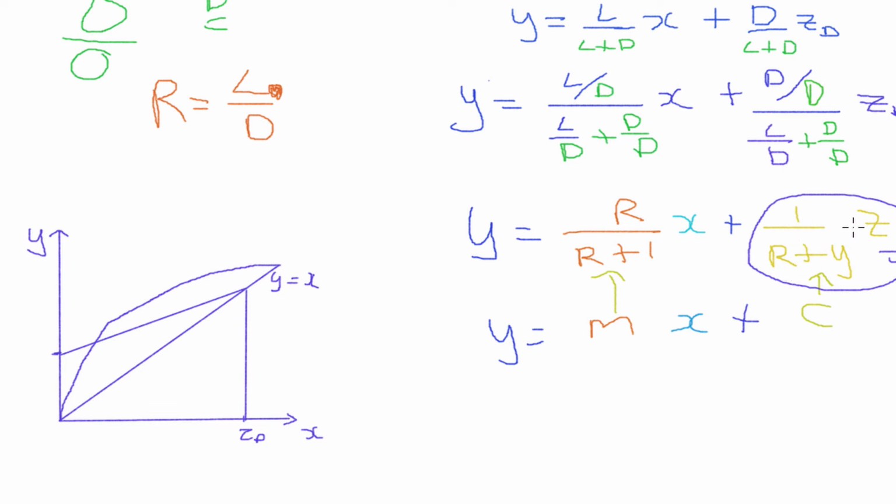Sorry, this should be 1, this isn't y. So the y-intercept here, because D divided by D is equal to 1, should be zD divided by R plus 1, and that is our y-intercept term for the operating line.